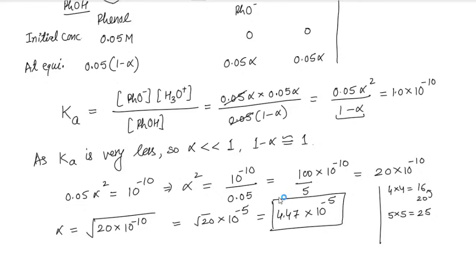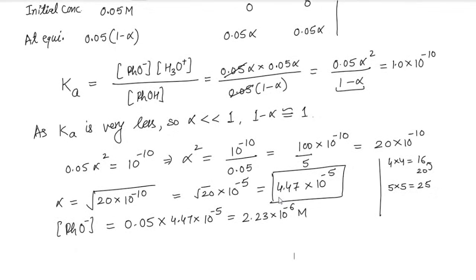So what is the concentration of phenoxide ion? It is 0.05 into alpha. That is 0.05 into 4.47 into 10 raised to power minus 5. So it is 2.23 into 10 raised to power minus 6 molar.